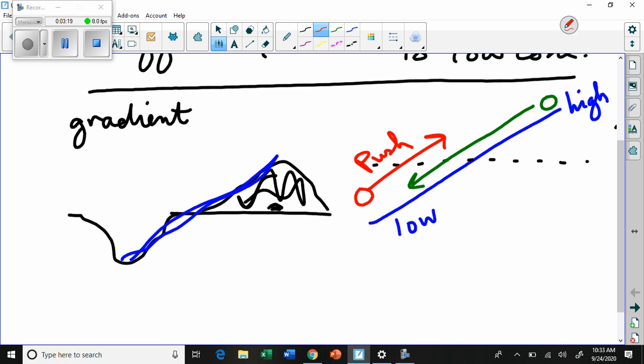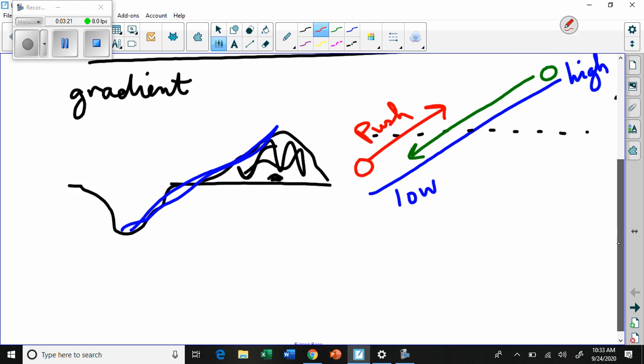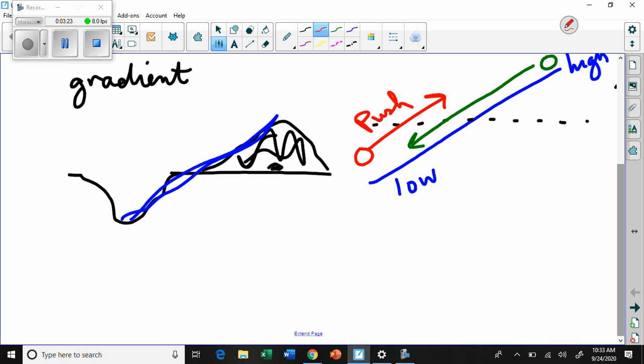That's the idea. So a concentration gradient works very much like a hill. What's interesting about the word gradient is that it's also called a slope, right? And gradients can be shown on graphs as slopes. And so all these words, math words and science words, they all sort of mean the same thing.